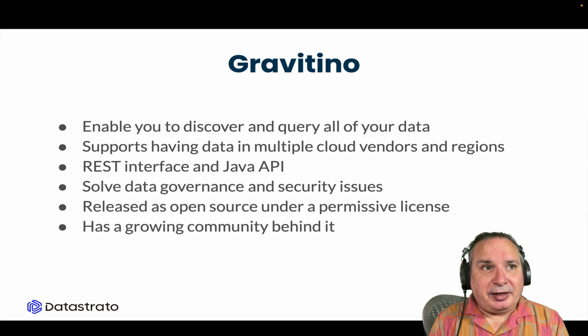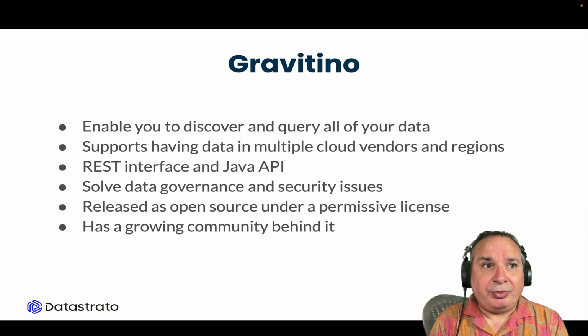And the best thing about Gravitino is that it's open source. We have a GitHub repository. It is under a permissive license, the Apache software license, so you can use it with very few restrictions. We open sourced this back in December, and we have a growing community.